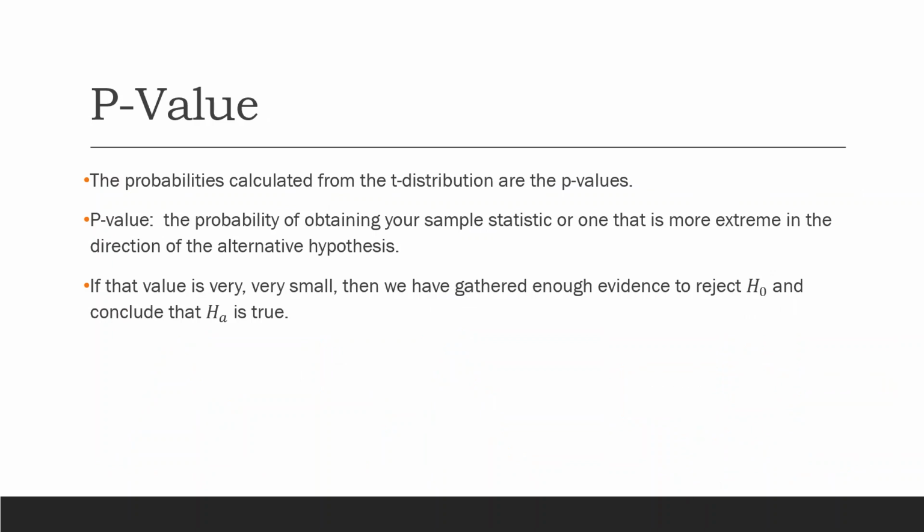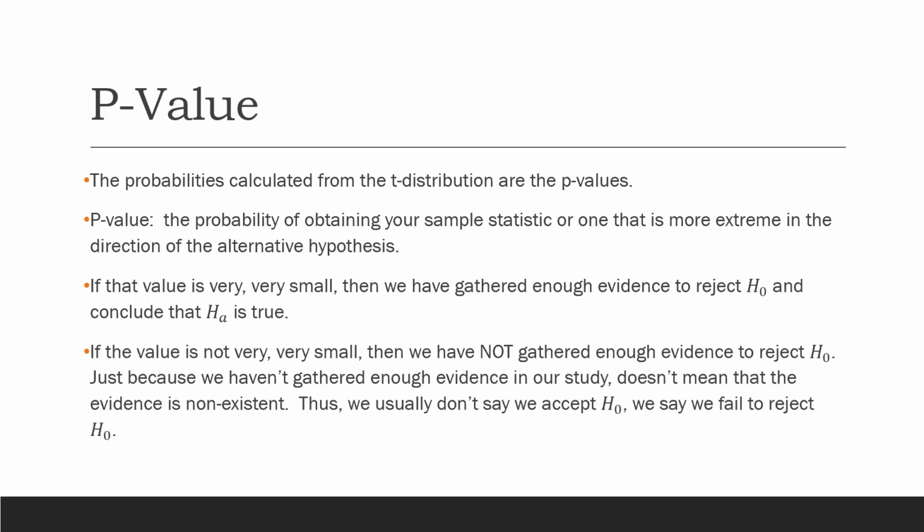We collected our data, calculated our sample mean, converted it into a t, and we used the t distribution to give us a probability. If that probability is very, very small, that means that it's very, very unlikely that that initial assumption is true. And so we have that contradiction there. So if that p-value is very small, then we have gathered enough evidence to reject the null hypothesis and to conclude that the alternative hypothesis is true.